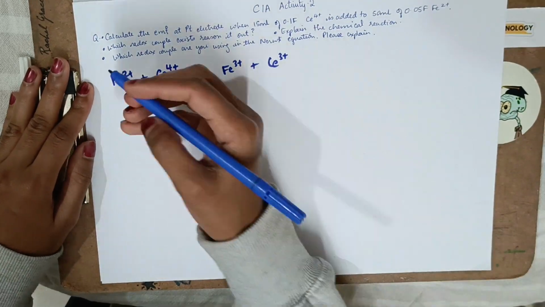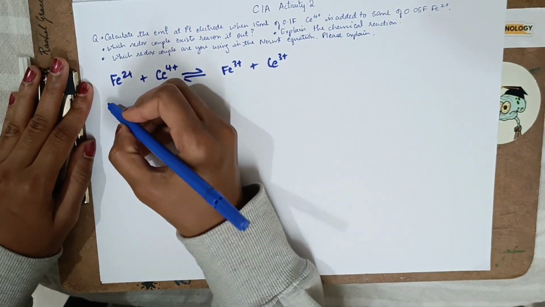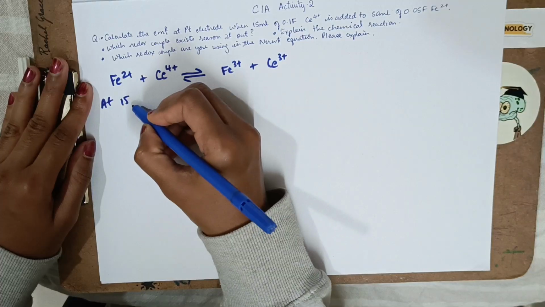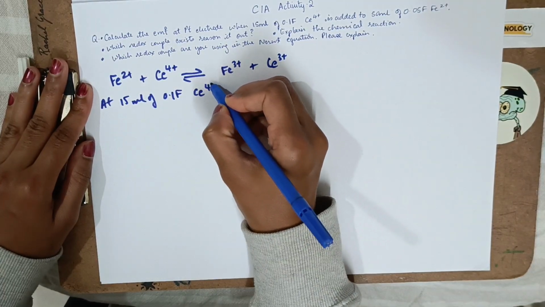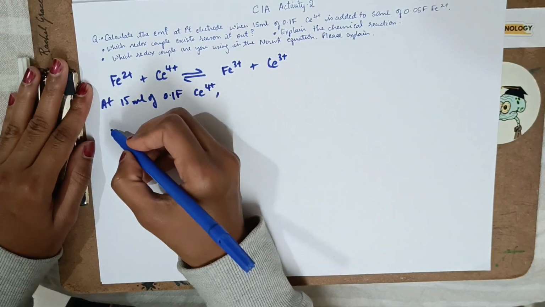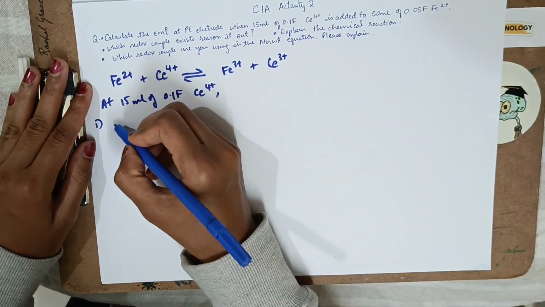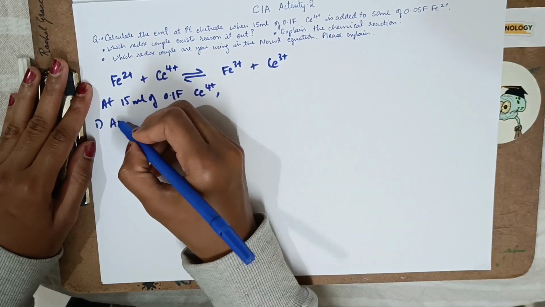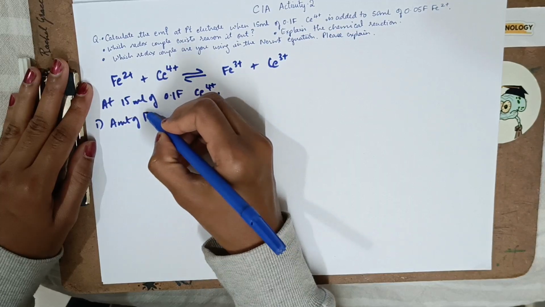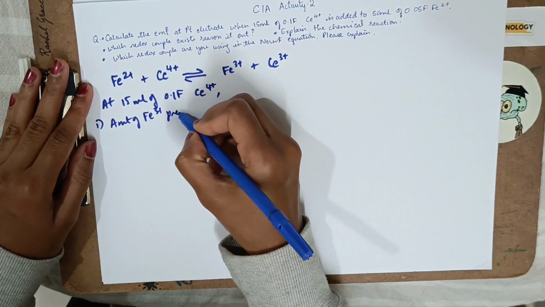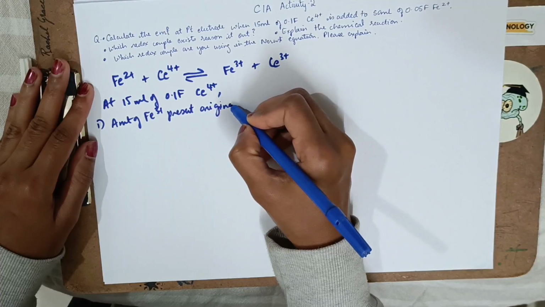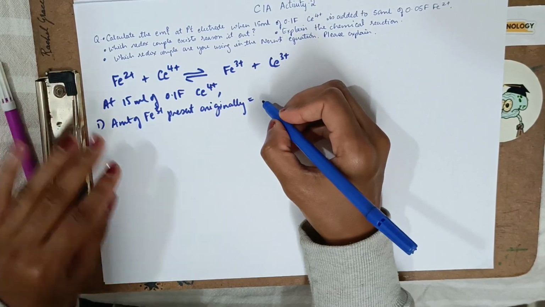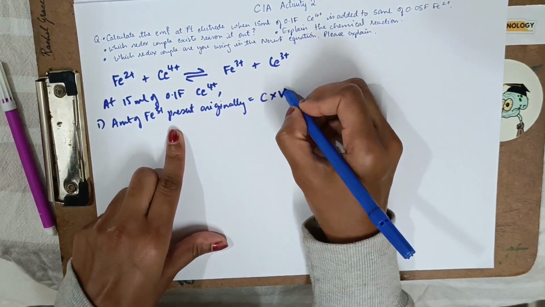Now 15 ml of 0.1 formula cerium4+, what happens? First let us calculate the amount of Fe2+ present originally. Amount is equal to concentration into volume.